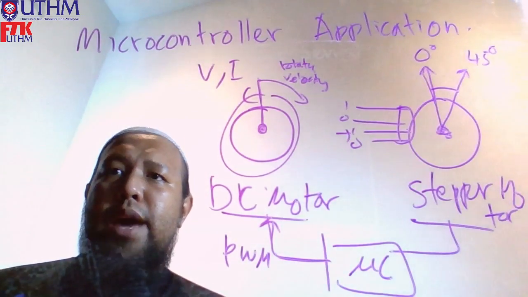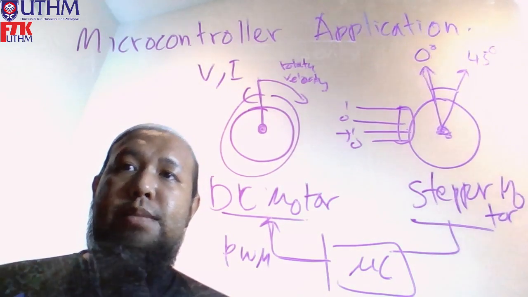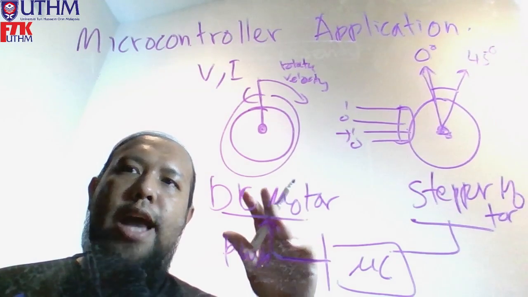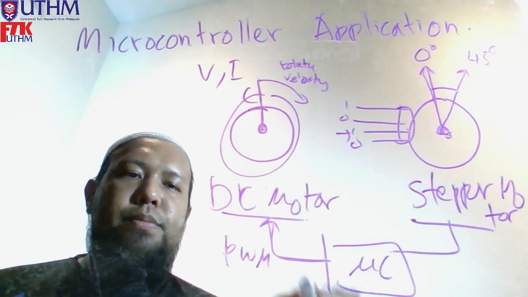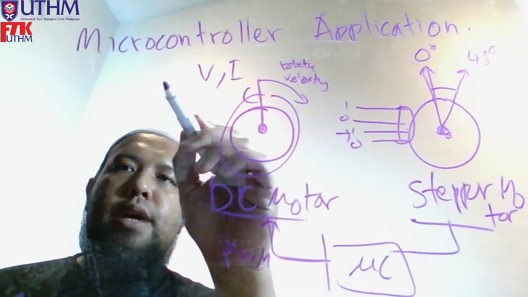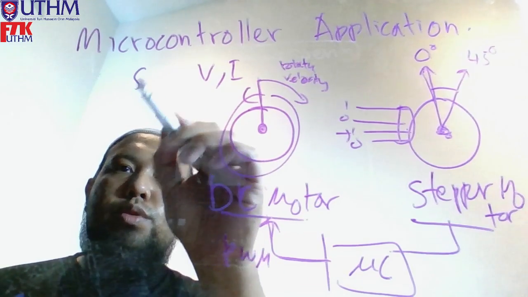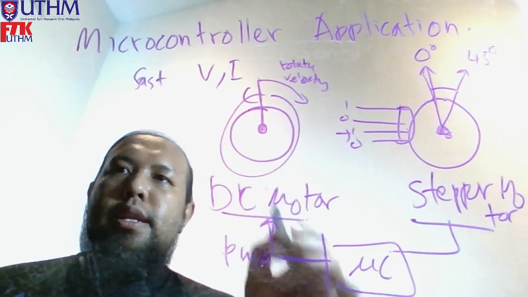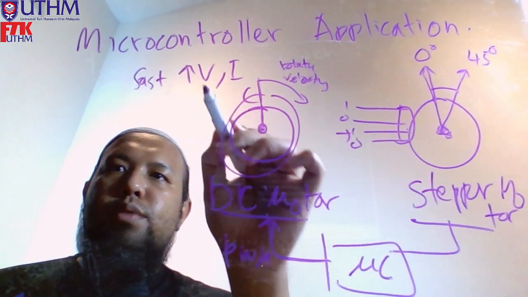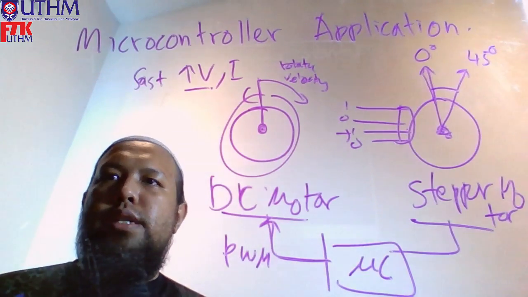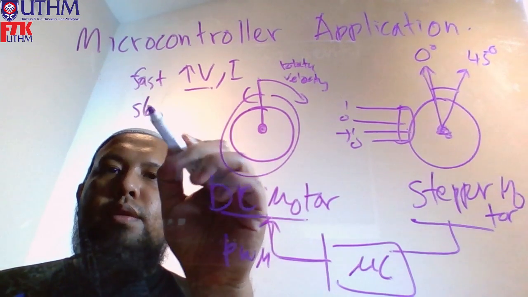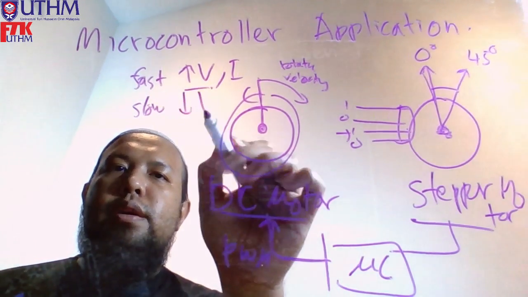Okay, a PWM pulse is actually similar to an analog voltage, right? For example, if we want our motor to be fast, then you have to feed in a higher voltage, right? You feed in the higher voltage.